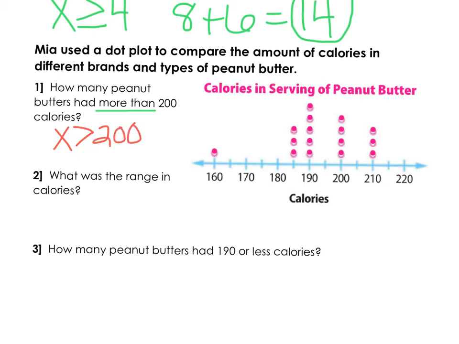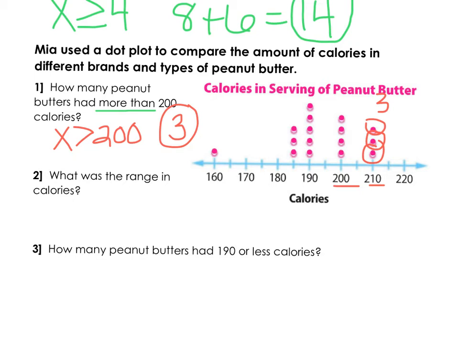Because I'm saying greater than 200 or more than 200, I am not going to include the value of 200. I just want all the dots that are above 200. I look at the data shown on 210, and there are only 3 dots above 200. So how many peanut butters had more than 200 calories? Only 3 did. So for number 1, our answer would be 3.